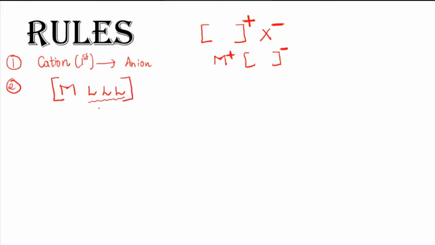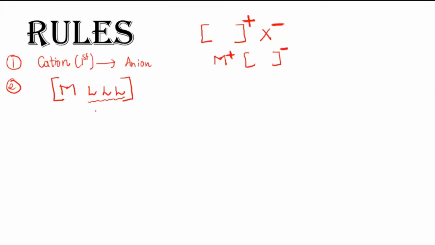Am I clear on what I said? When you go inside the coordination sphere, the central metal atom should be written to the extreme left. After that, if there is one ligand, no problem, that ligand will follow the metal. But if there are different ligands, then they should be written according to alphabetical order inside the coordination sphere.